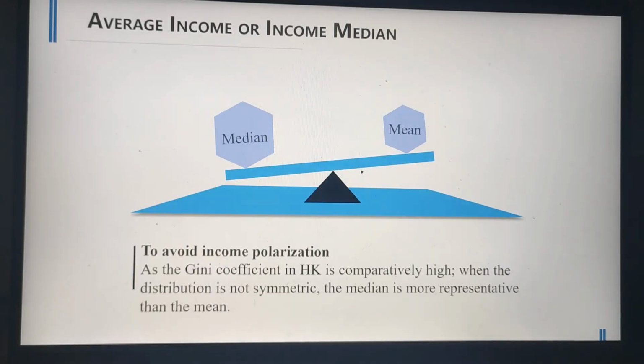So we choose the median over the mean, because while we're choosing the median, we can avoid income polarization, as the Gini coefficient in Hong Kong is comparatively high. When the distribution is not that symmetric, I believe the median is more representative than the mean.